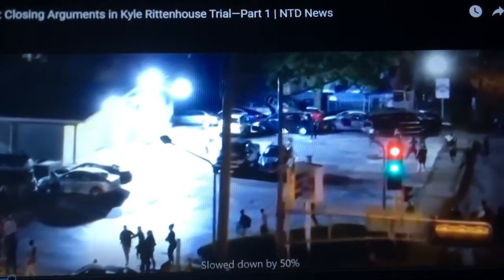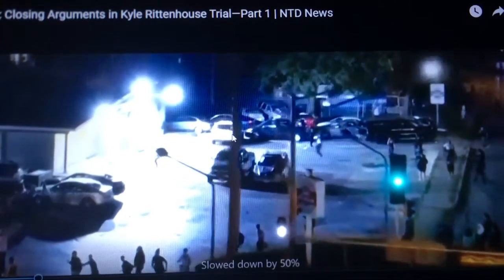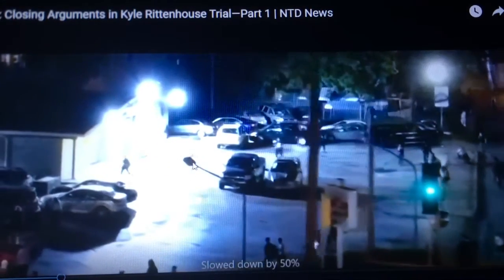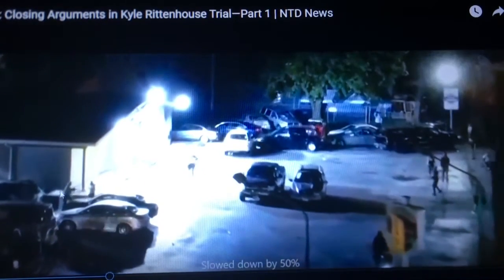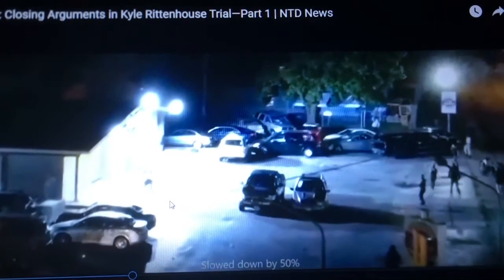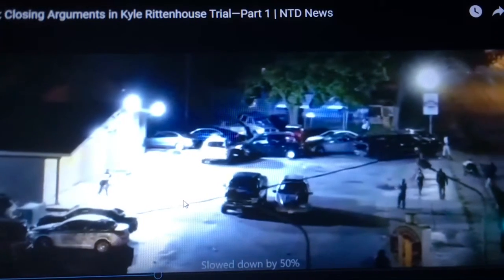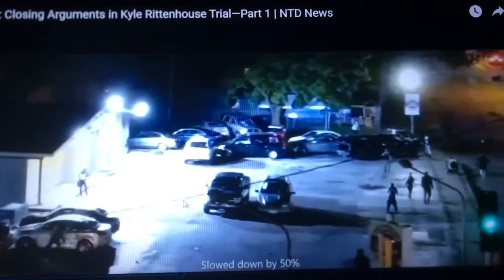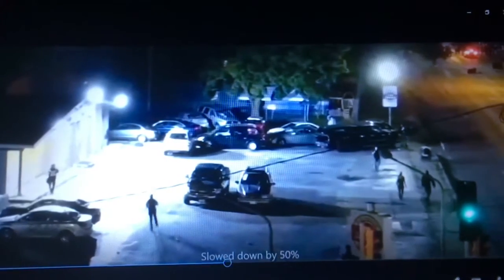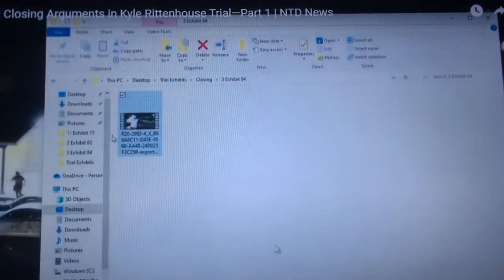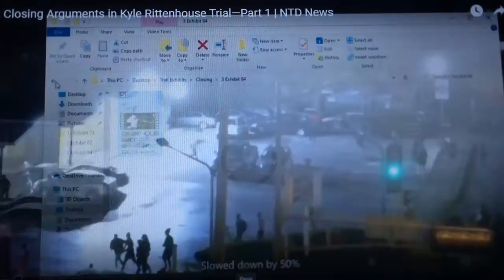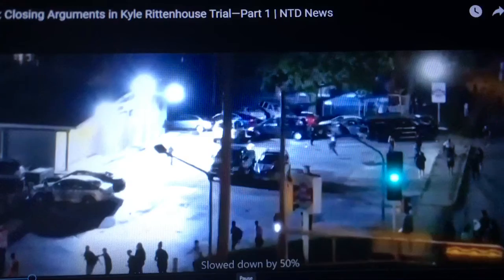First of all, Rosenbaum is in an attitude of attack and grab this person, his target. Rosenbaum is not taking into account the fact that he's putting himself in mortal danger because Rittenhouse threatened him earlier with a show of force by turning around and pointing the gun at him, as you saw just a moment ago.